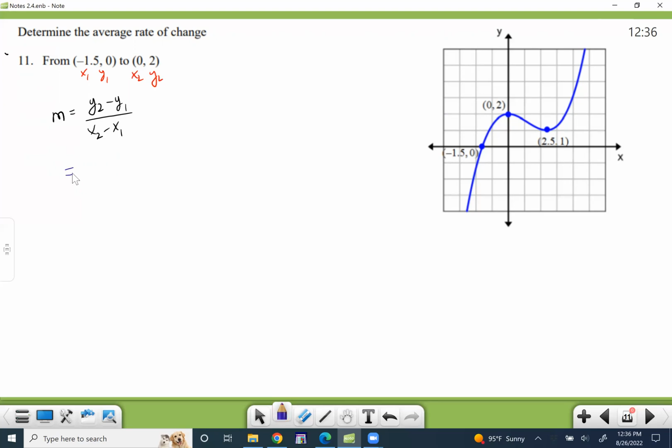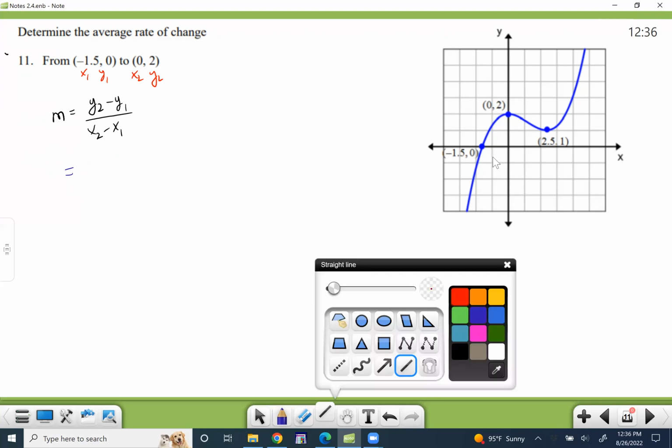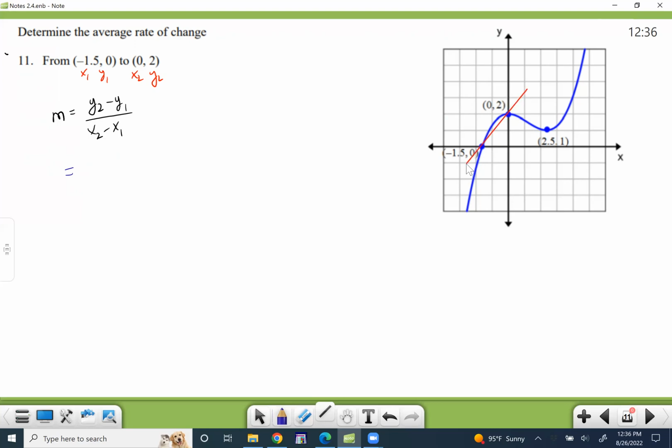I always like to kind of guess at stuff before I do it. So let's see which two points these are. Go ahead and graph the line between them really fast. Okay, I'm looking at it, and that's definitely a positive slope, you guys. So when we get done, we should have a positive slope. It looks steeper than 1 to me. So we should get a number bigger than 1. Let's see what we get.